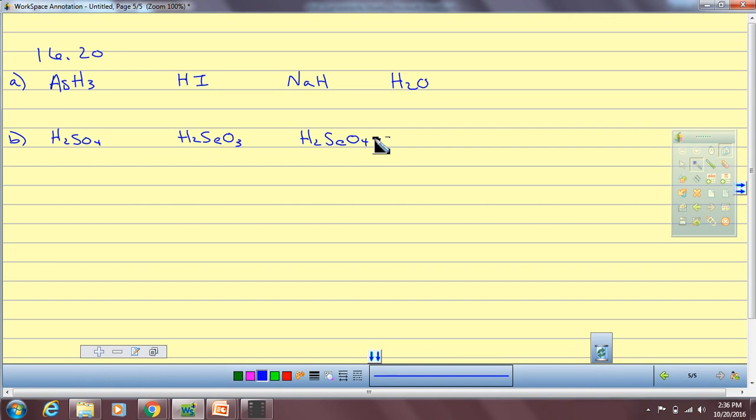If we get electronegativity differences between the elements, what we have for AsH3 is 0.1, for HI is 0.4, for NaH 1.2, and for H2O 1.4.